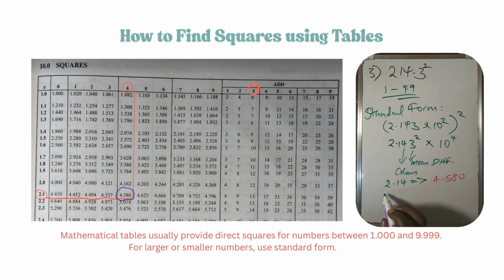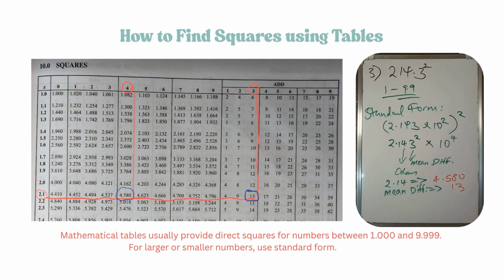The mean difference in 2.14, let's go to column 3. Column 3 is giving us 13.